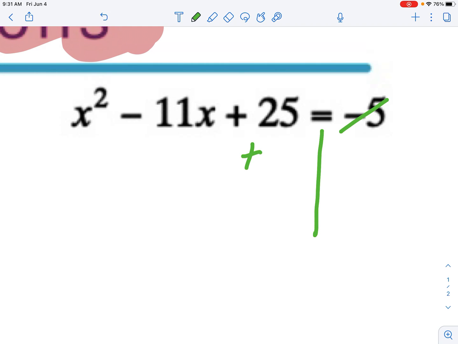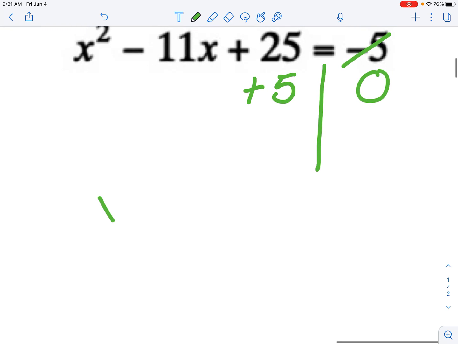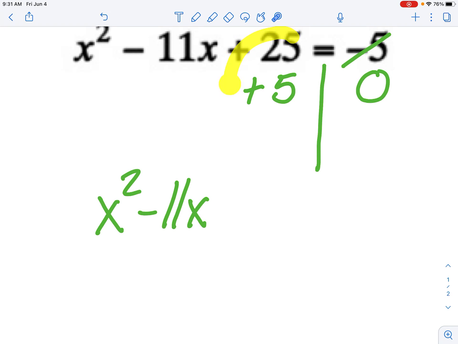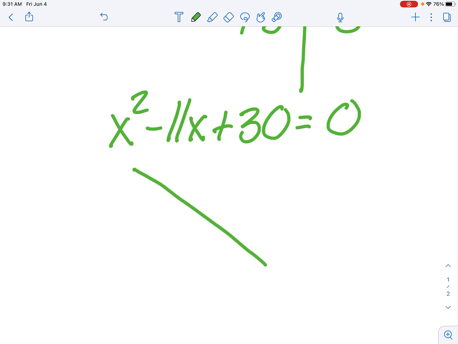We're going to move it over here and make it a plus 5. Now there is 0 left here, so what we're left with is x squared minus 11x, 25 plus 5 is 30, equals 0.